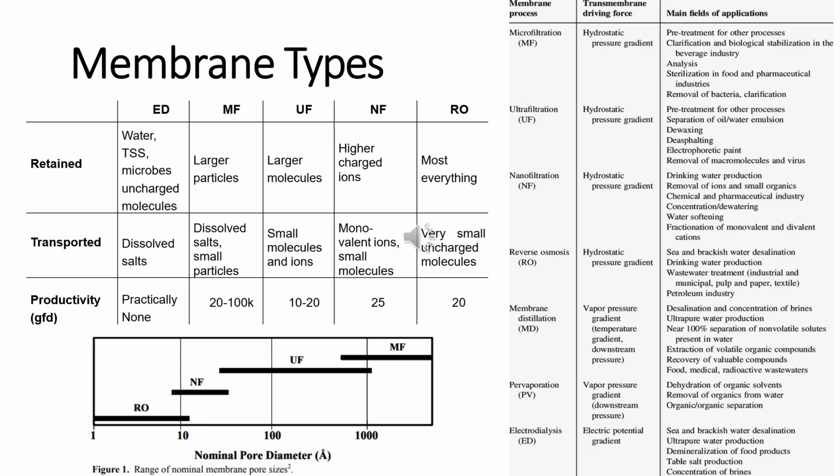We can see that microfiltration membranes have the largest pore size and typically reject all large particles and various microorganisms. Also in this slide, you can see the membrane process, the transmembrane driving force involved, and the main field of application for different types of membrane. You can read about this in the handout that will be given to you later.